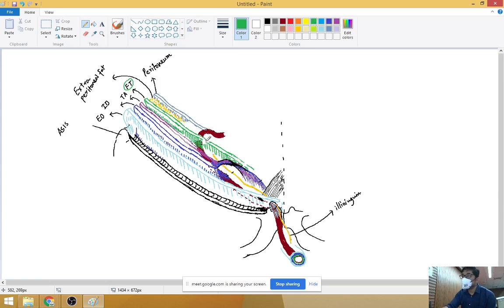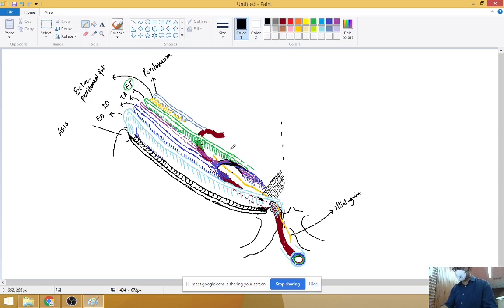Tell me, because we are going to the clinical part now, and without understanding this part it will be difficult for you. Students, tell me, otherwise I won't know which part you are having confusion. You are not saying anything.